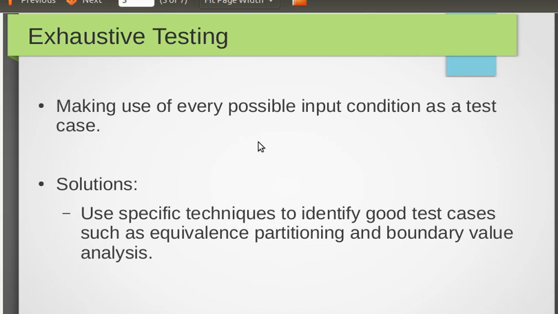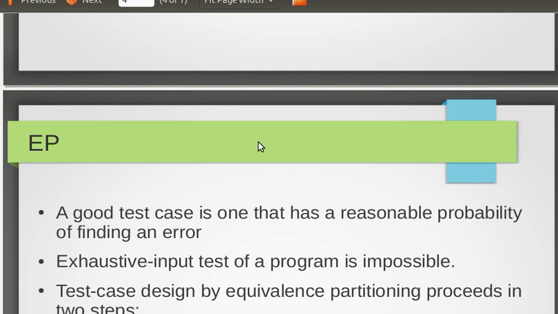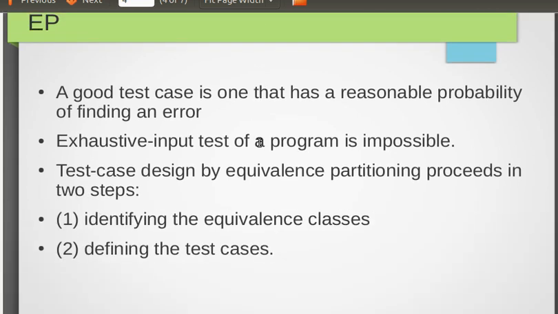For this section, we're going to take a look at equivalence partitioning and the different stages involved in it. A good test case, like I've said, is one that has a reasonable probability of finding an error. Like I said, exhaustive input testing is completely impossible.